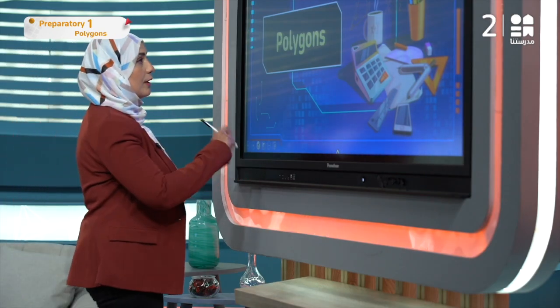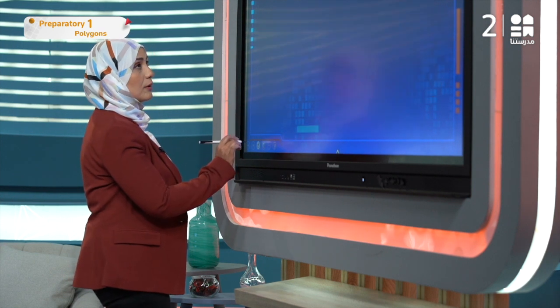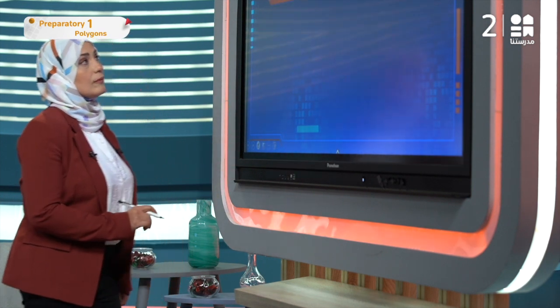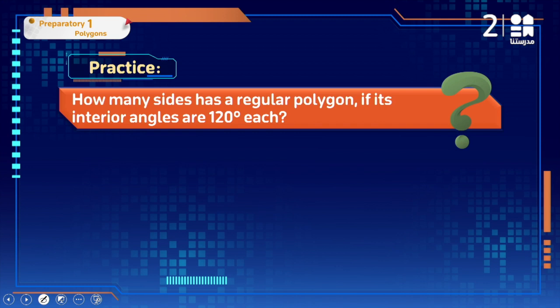Let's apply them to get more exercises on the board. Here we have an exercise about the interior angle. How many sides has a regular polygon if each of its interior angles is 120?